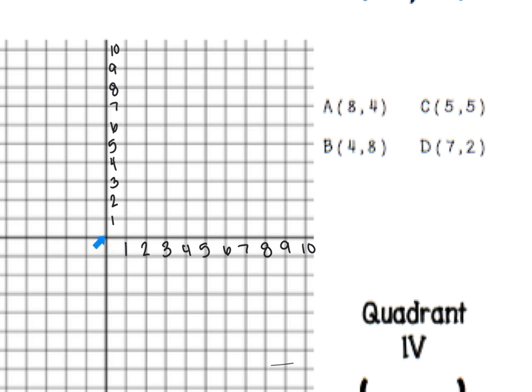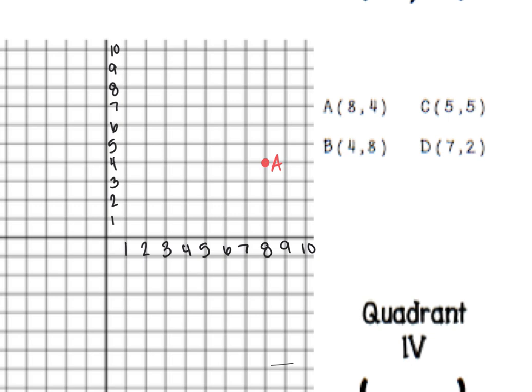I'm starting here in the middle by the origin. I'm trying to graph point A, which is at 8, 4. So I'm going to go over to a positive 8. I'm going to stop, and then I'm going to go up to positive 4, which is right here. When I put that point on my coordinate plane, I'm just going to put a dot there where those lines intersect, and I'm going to put an A next to it to label it as point A. So you can go ahead and do that.